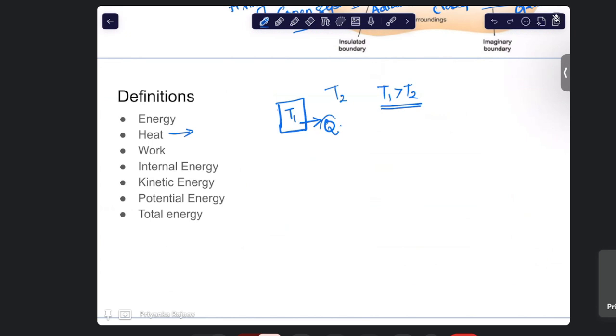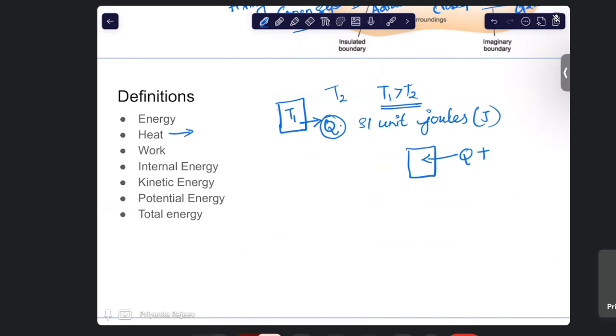It is represented by Q when we are writing equations, and the SI unit will be joules. Now the sign convention: if we are providing heat to the system, we will refer to it as positive.